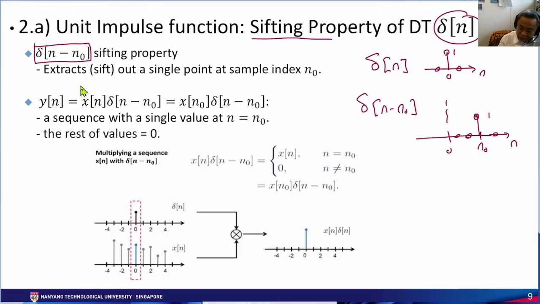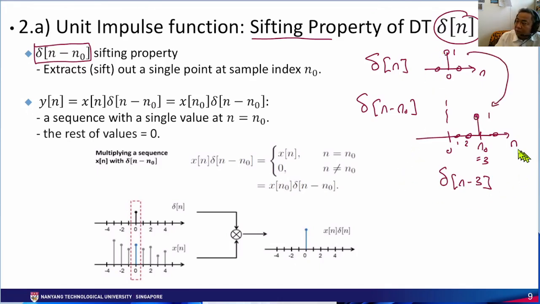So for example, this is n naught equals 3. This is delta n minus 3. What are we talking about? Why did this unit value move from this point to this point?